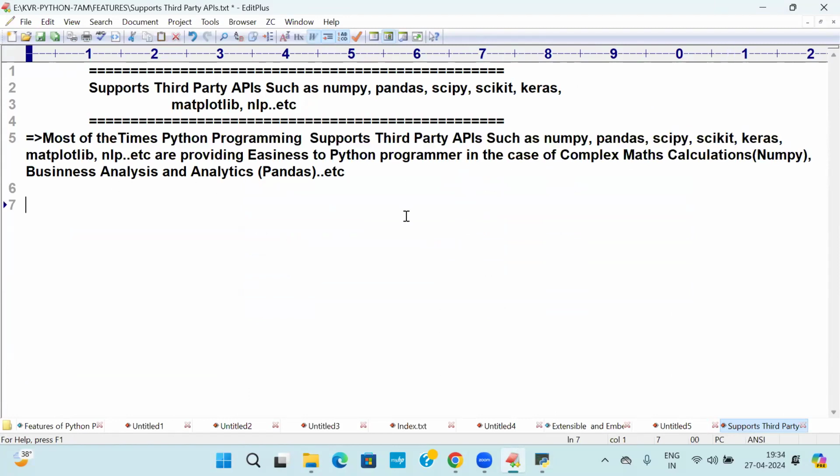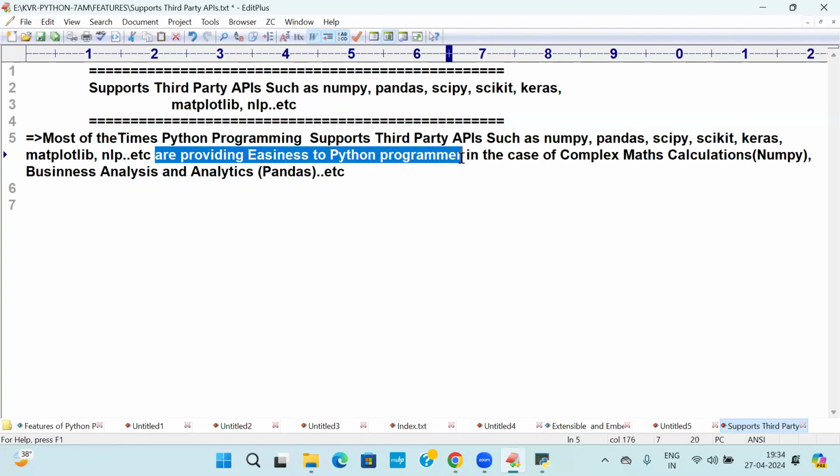In my Python class, I'm telling about NumPy, Pandas, and then Matplotlib only. I can teach this also as a part of data science, but here we are helping you in detail about the 3 modules, providing easiness to Python programmers.